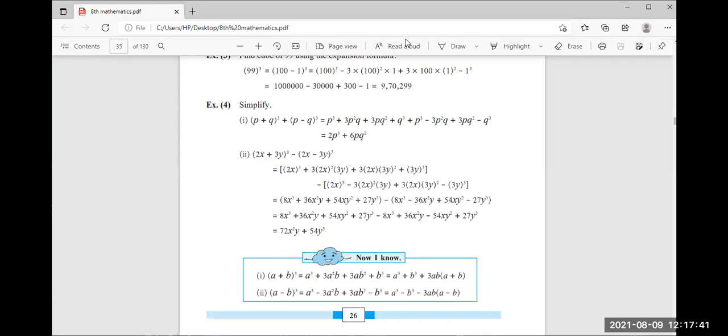Now here I'm going to take one simplify problem. You should learn the cube formulas properly.